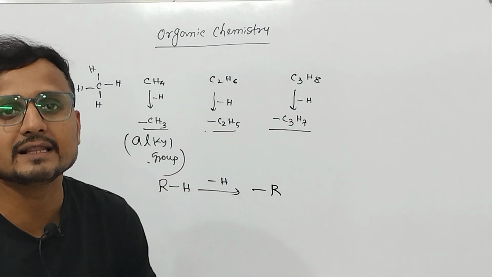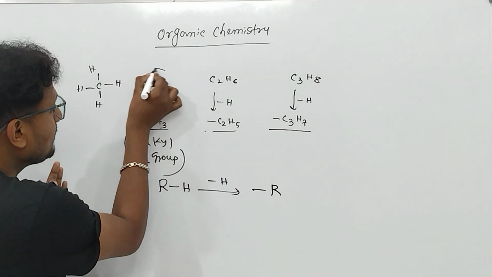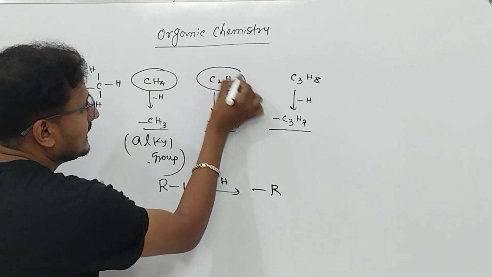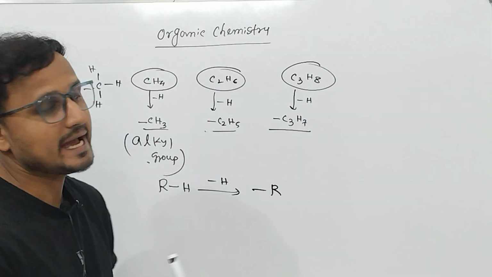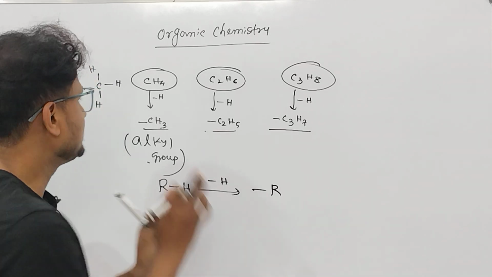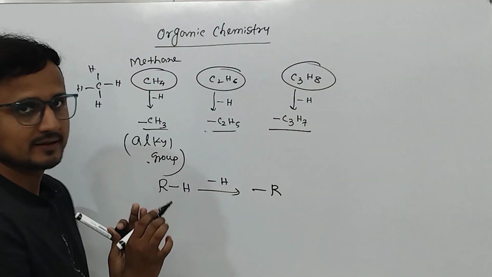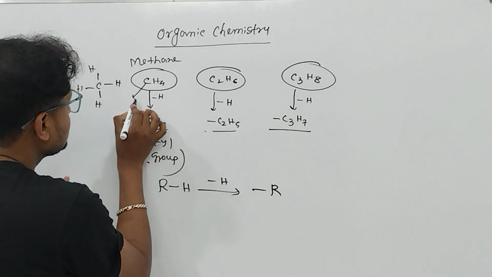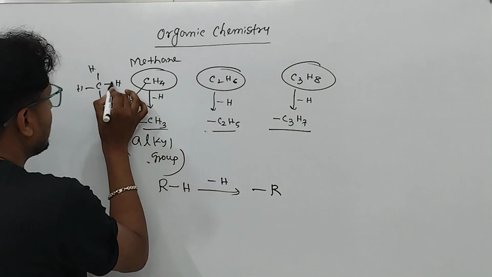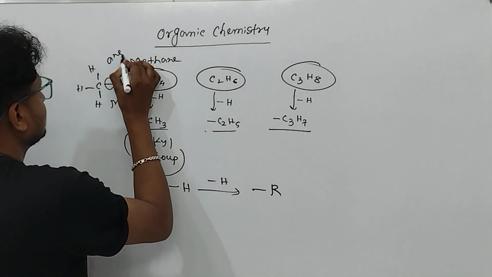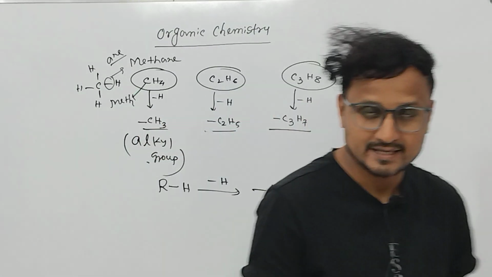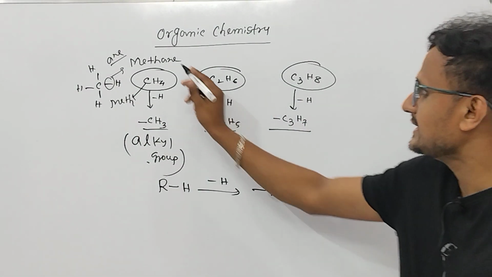Now how to name an alkyl group? From the alkane, we add YL. Suppose this is methane, we know. Why methane? Because one carbon means meth and single bond means ane.